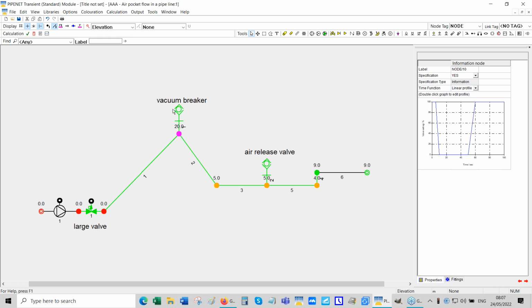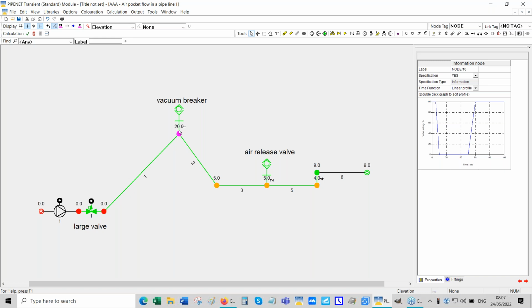You'll see that this has a slightly different symbol from the traditional vacuum breaker model in PIPENET, because we call this the air valve. It's a different model from the vacuum breaker model. That's the vacuum breaker model.